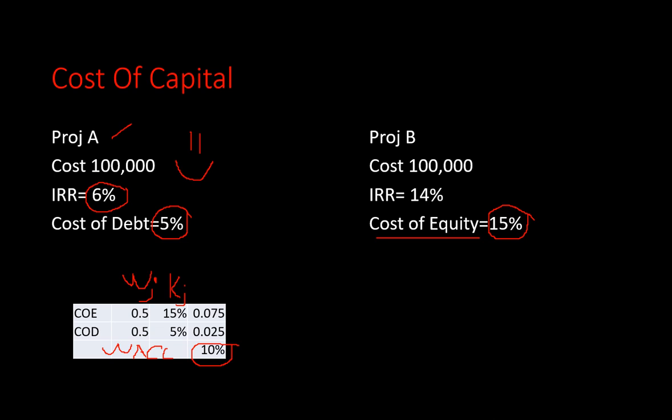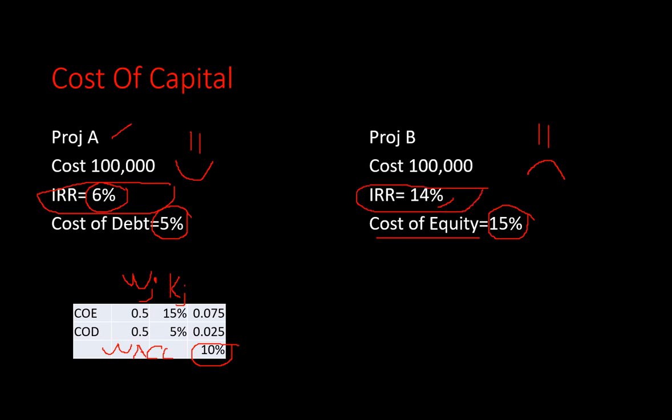Okay. You're going to have a return of 14% and you're going to pay the investors 15%. Initially, this will be rejected. If you try to look at what happened, you ended up accepting a project with an internal rate of return of 6% and rejecting a project with an internal rate of return of 14%.